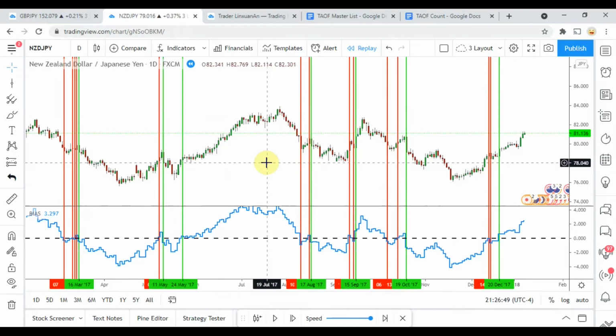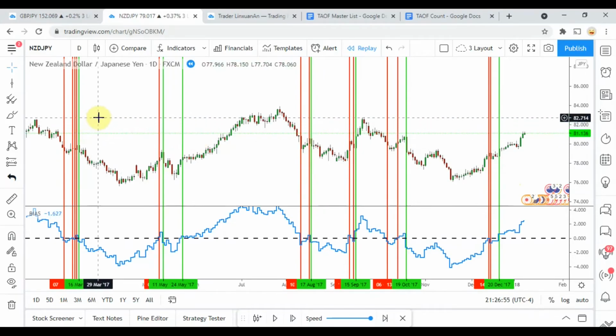So we have 20 trades altogether, and we have 1, 2, 3, 4, 5, 6, and 7 winning trades. So obviously that is not going to meet the 60% criteria. This was an interesting indicator to say the least, but just was not quite working out the way we needed it to. And so this one's going to go on the no list, and we will move on to the next indicator from here.